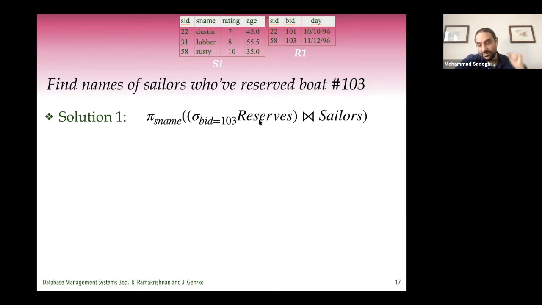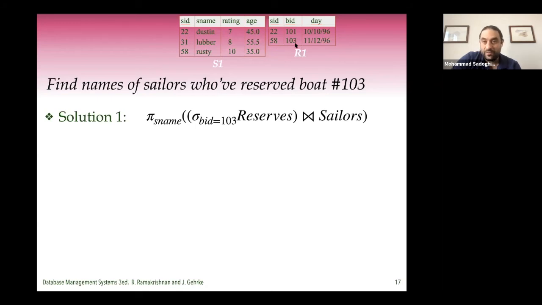So we can filter out row 103, only extract this row, and then join that with the sailor table. Just looking at this row, we know that the sailor with the SID 58 is the only one who reserved boat 103.